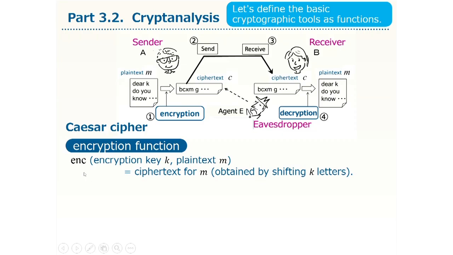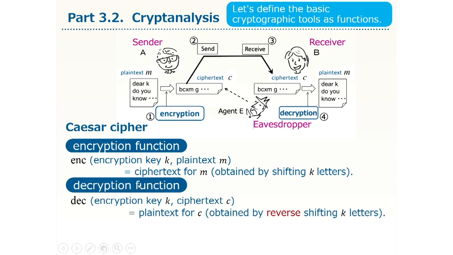The encryption function enc takes two arguments: the encryption key K, which reveals how many letters to shift by, and the plain text M. Then it provides a ciphertext for M, which is obtained by encrypting M, in other words, shifting it by K letters in the alphabet. In contrast, a decryption function takes the encryption key K and ciphertext C, and then decrypts C by shifting K letters in reverse, thus providing the plain text for C.